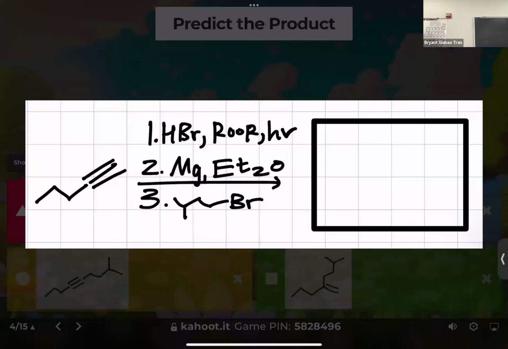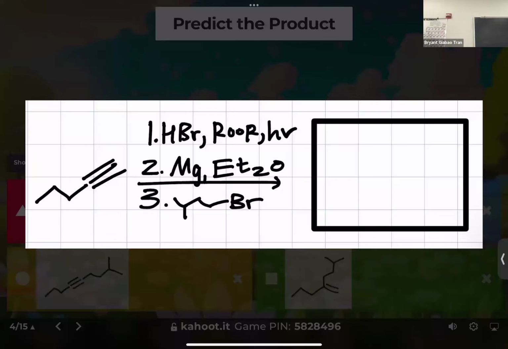Where this is 1, 2, 3, 4, 5, there was a triple bond between 4 and 5. That triple bond became a double bond between 4 and 5. And at the left side, we attached the bromine there because this is an anti-Markovnikov reaction with the ROOR.